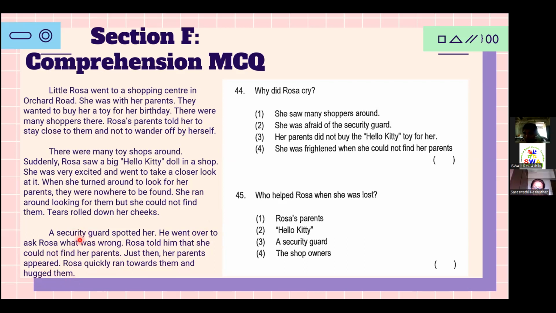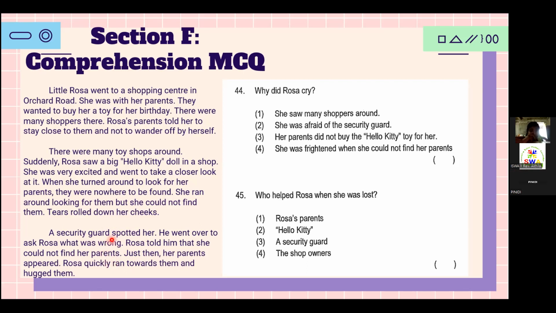Pinidi, can you please tell me in your own words, what is this passage about? What did you understand from this passage? What is this story about, this little passage? After reading it, what is it about? Is it about Rosa finding her parents, or is it about Rosa going to the police station?